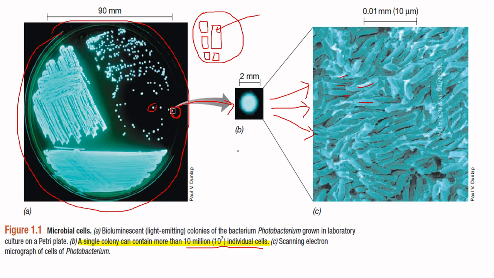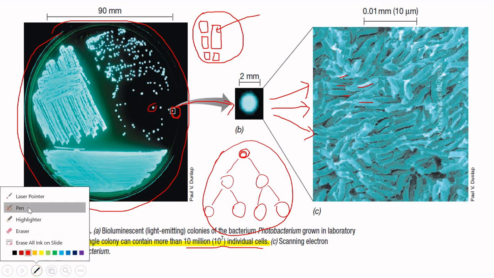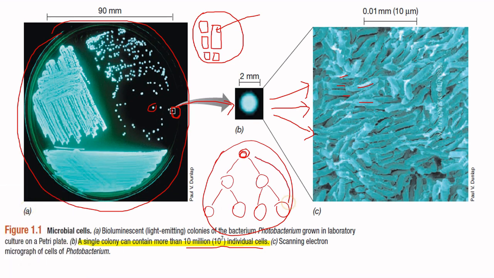Suppose in a petri plate one bacterial cell was present, and then it divides into two bacterial cells, and each of these divides into another two cells. So from this single bacterium in a colony, many bacterial cells are produced, and they all come from a single ancestor.